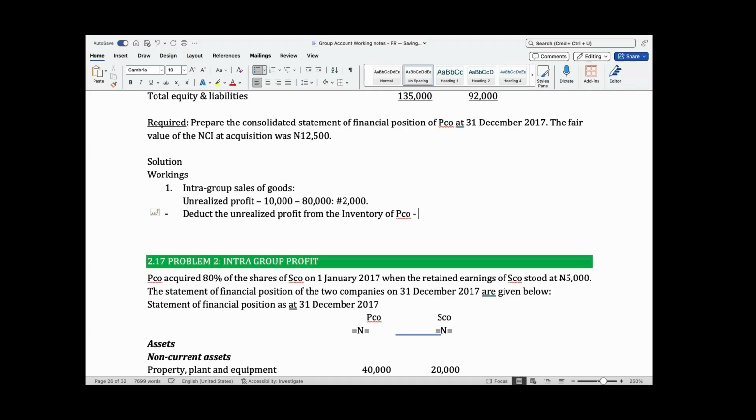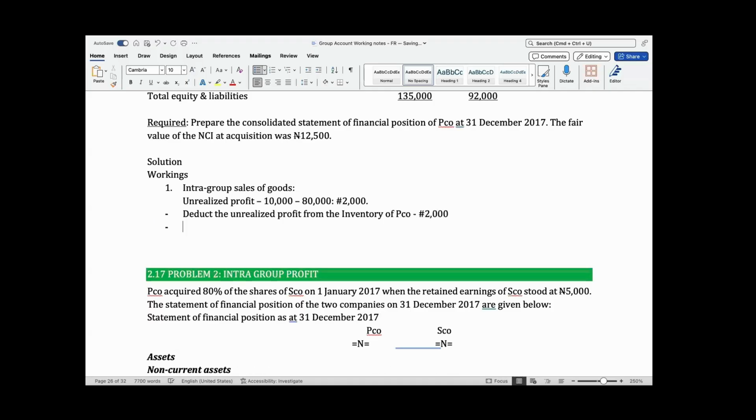So you remove 2,000, and also, who is making the profits? ESCO, the seller. So you remove the same amount from the retained earnings of ESCO. You remove it from his retained earnings.